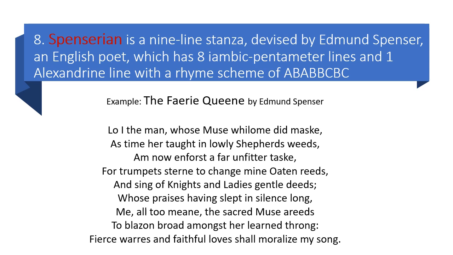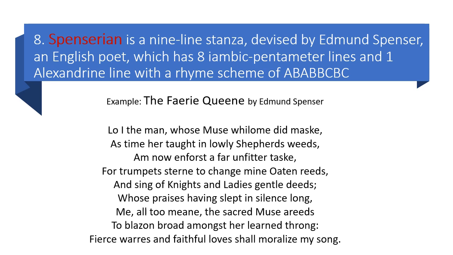If you have noticed the spelling of the words, they look strange, aren't they? This is because this poem was written in the 1500s to honor Queen Elizabeth I. The Faerie Queene is considered archaic or old-fashioned. The Faerie Queene is an example of Spenserian type of stanza.